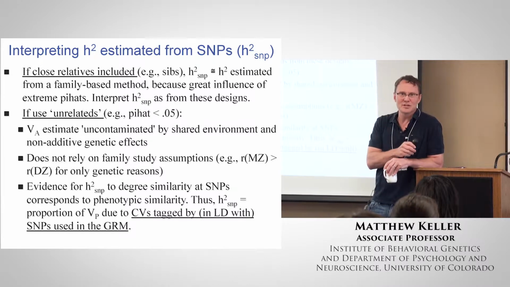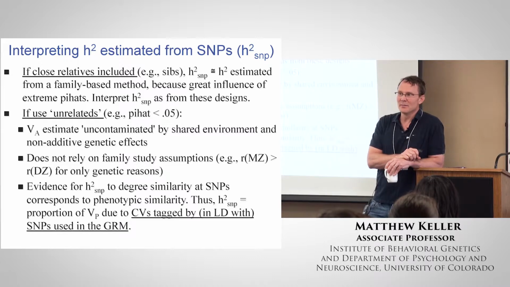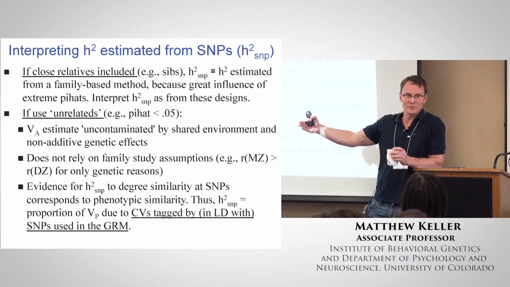But I think the reason that people don't do that, and use a more stringent cutoff like 0.05 rather than, say, 0.125, is that, first of all, there usually aren't many cousins in a sample like this, the way these are usually collected. But the other motivation is that with cousins, those are still going to be huge outliers on the regression plane.